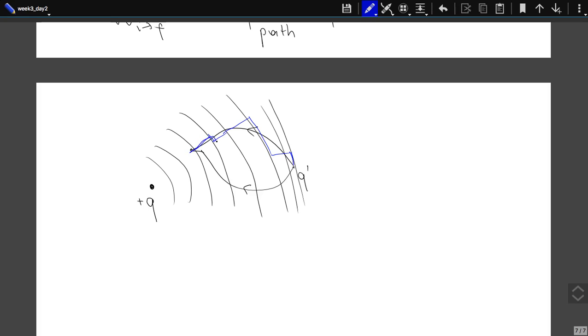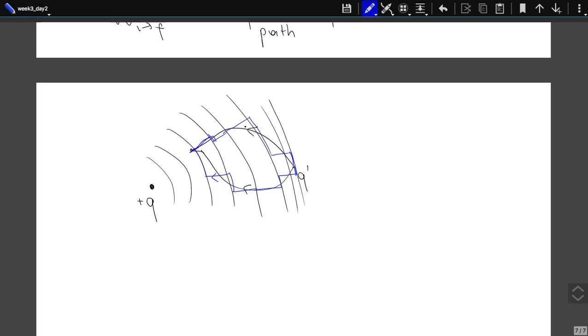If you draw these circles smaller and smaller, this broken path will be equal to the actual path. You can do the same thing for the other path. You can go here, then in this direction, this direction. So this is another broken path that approximates this one.